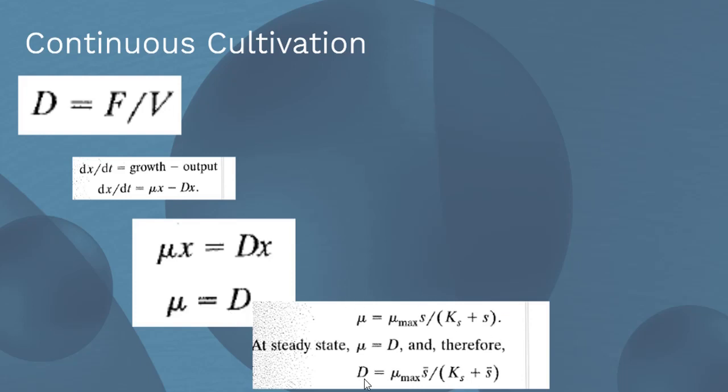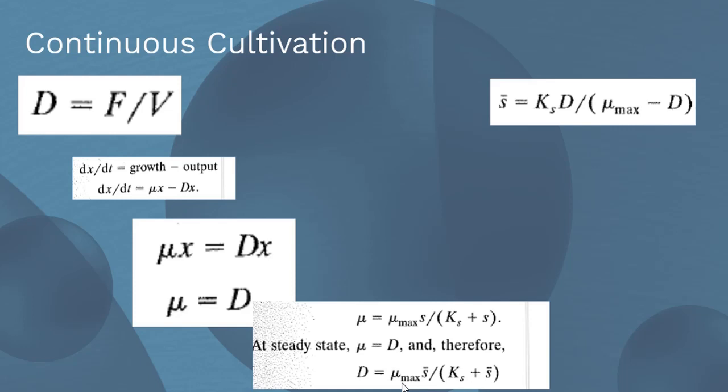Therefore, the dilution rate affects the maximum specific growth rate and the substrate concentration, and at the given dilution has to be considered in order to estimate maximum specific growth rate in the system.